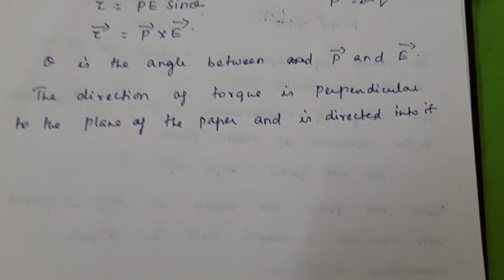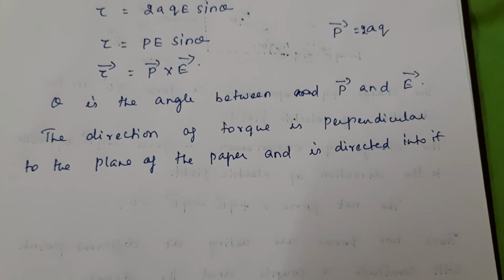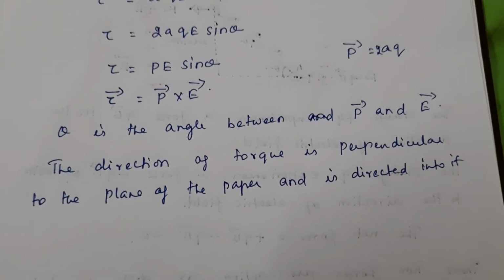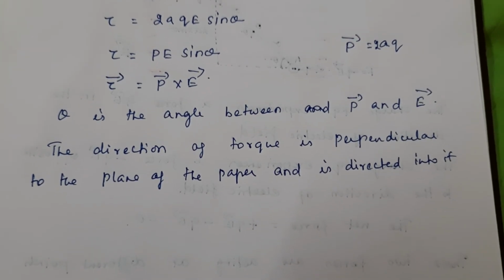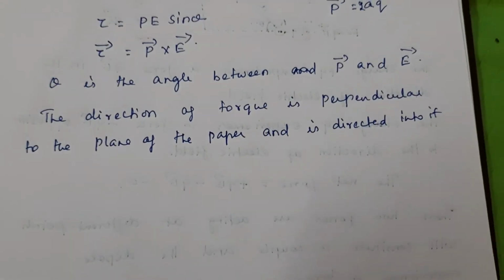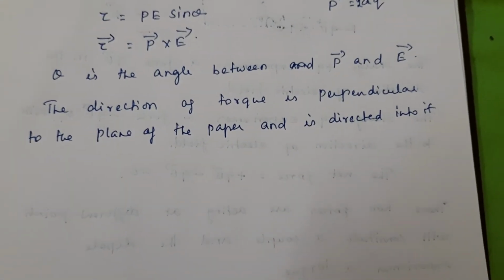You know the direction of P and the direction of E, but the direction of the torque is perpendicular to the plane of the paper. So this is the plane of the paper, and the direction is perpendicular to the plane of the paper, directed into it.